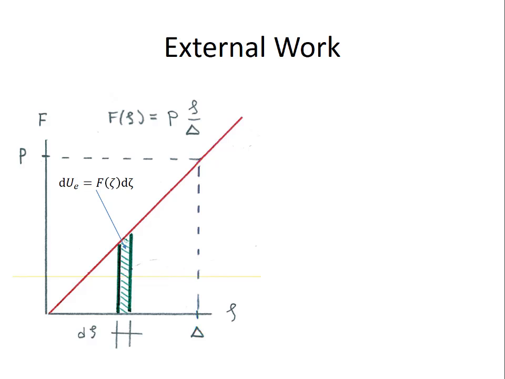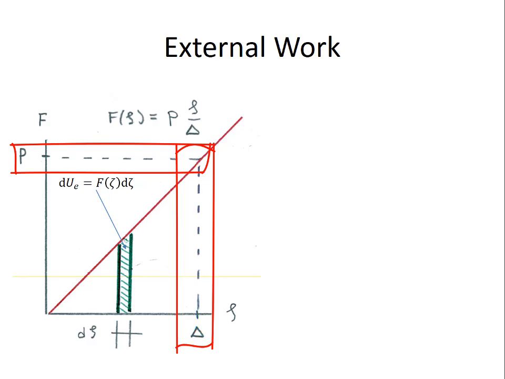Here we're plotting the force displacement relation. We're plotting F versus zeta. The red line indicates the force gradually increasing as the structure deforms, and eventually it reaches a value P when the deformation is delta.